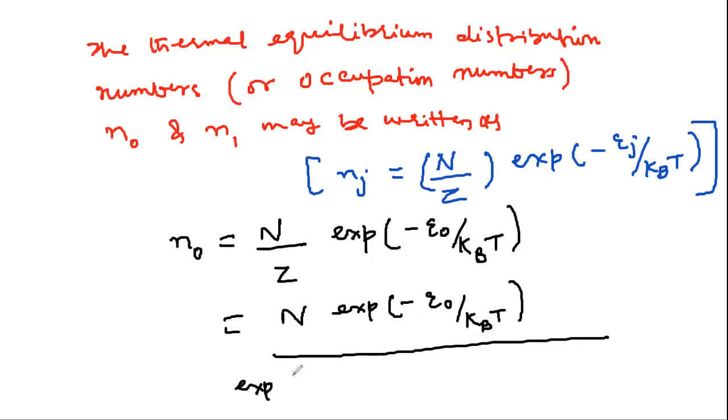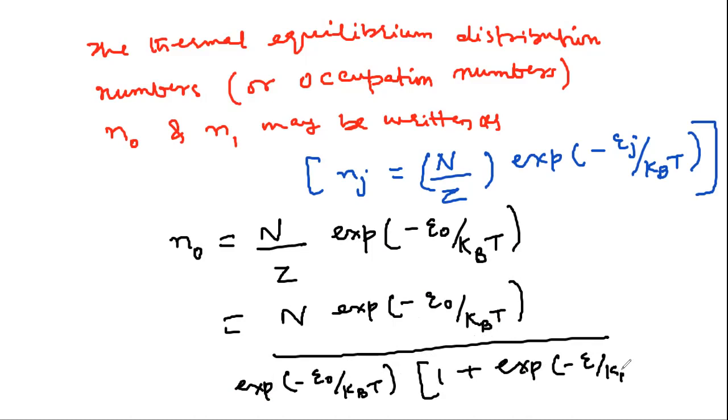So it will become N exponential of minus epsilon naught by kT divided by Z. I substituted for Z from equation first: exponential of minus epsilon naught by kT times 1 plus exponential of minus epsilon by kT.